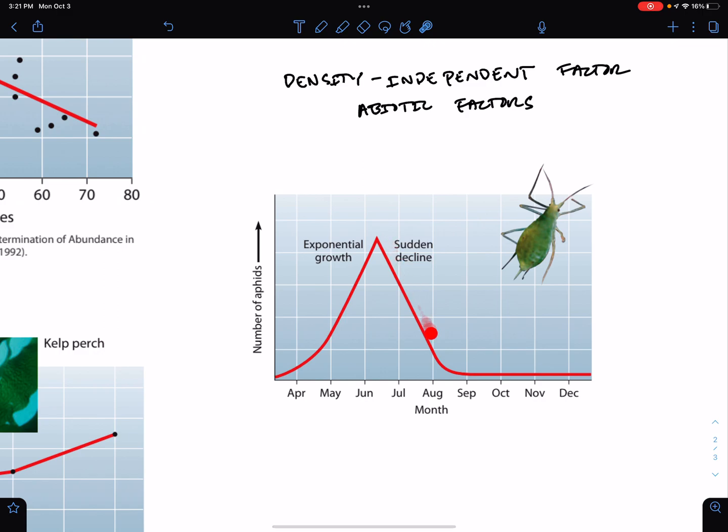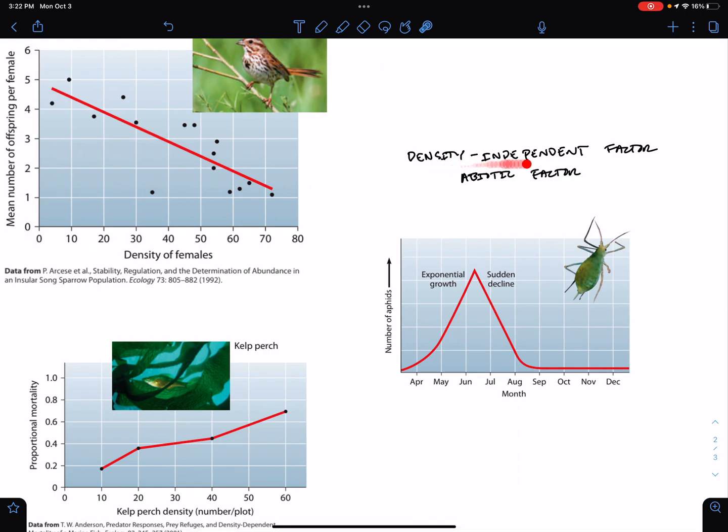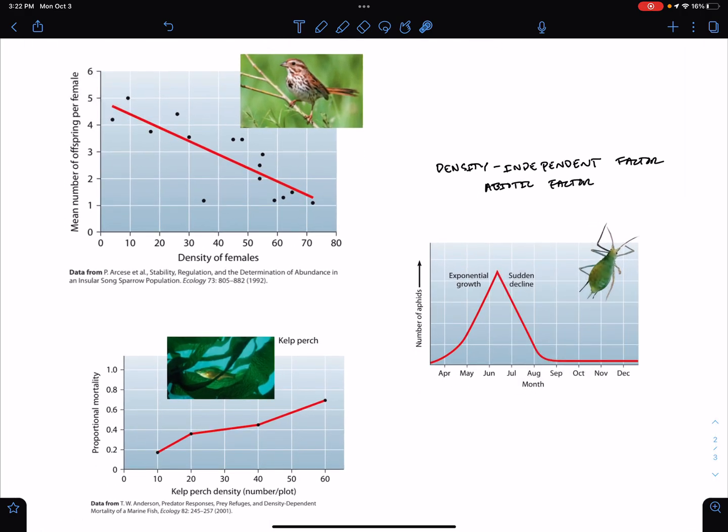Just a few individuals may survive, and this allows the population to resume growth in favorable conditions. So this would be an example of a density-independent factor that's related to the weather and not to how many aphids there are within the population.